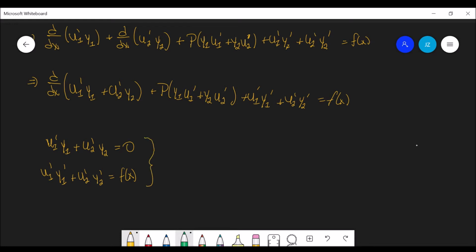We will be using Cramer's rule, which is studied in a typical linear algebra course.